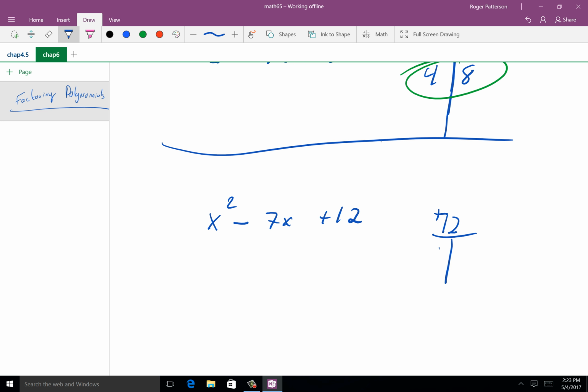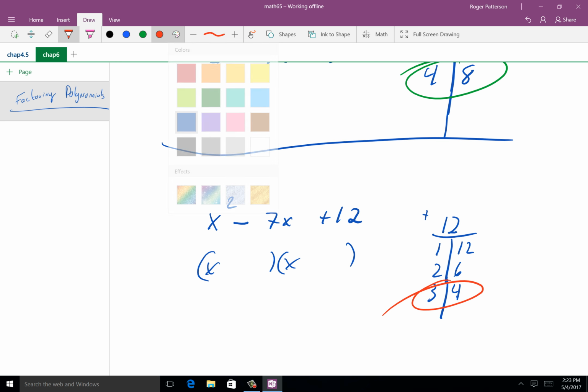So I'm going to write my factors of 12. And then I'm going to drop my parentheses down. And I'm going to say which one of these add up to 12, or add up to 7. I'm going to put those in there.